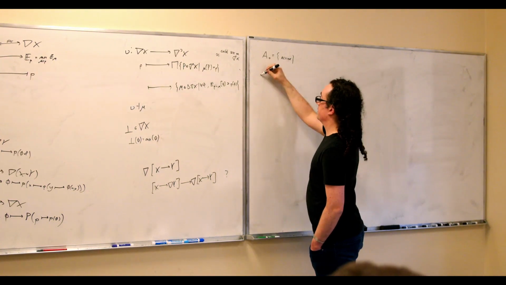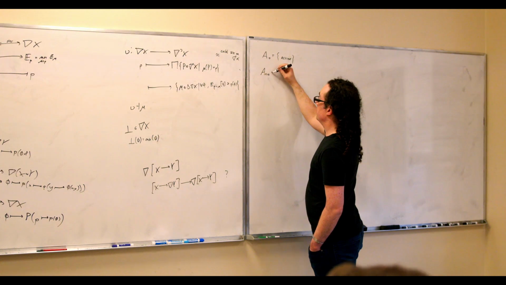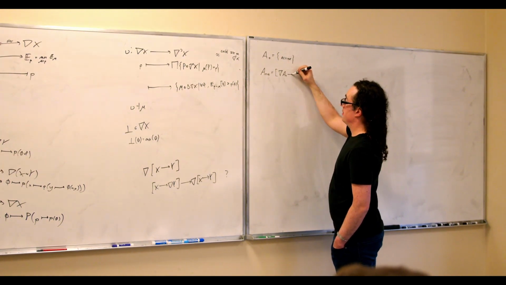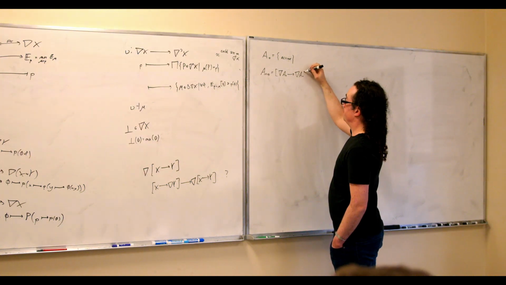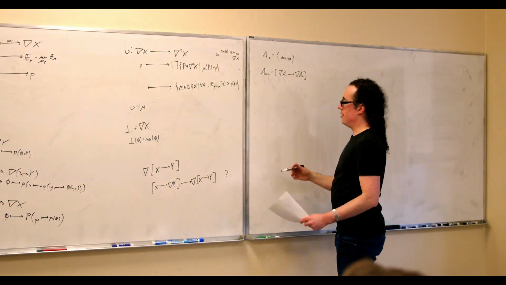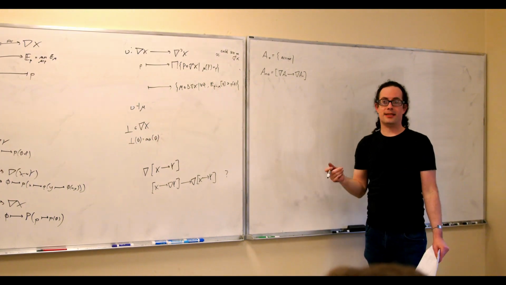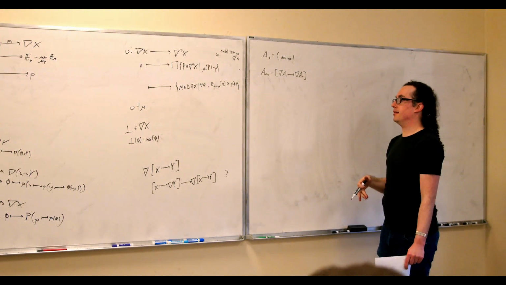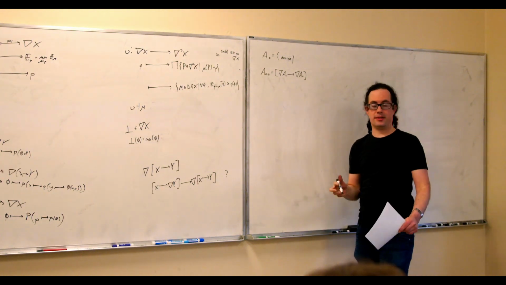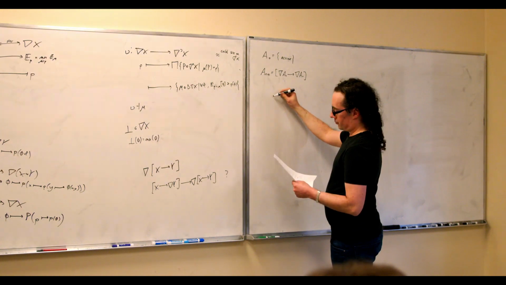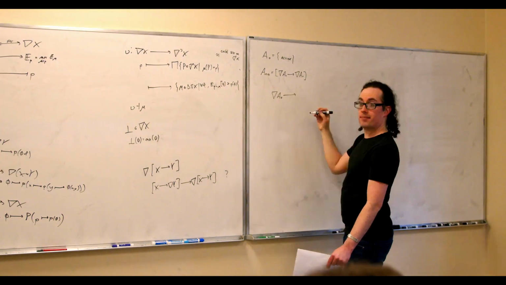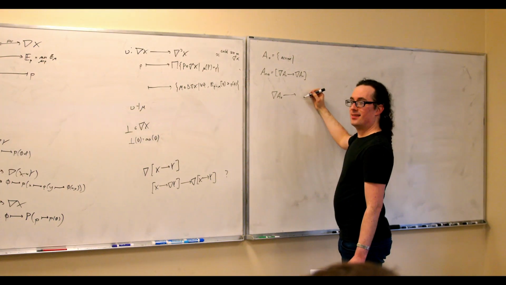And then recursively define A sub n plus 1 to be continuous functions from provisions on A sub n to provisions on A sub n. And then I'm going to define some raising and lowering operators that relate the various spaces A sub n with each other. So if we have provisions on A naught, they have the same kind of action space at the very bottom.